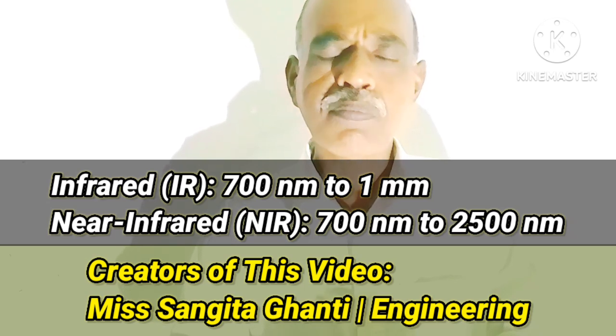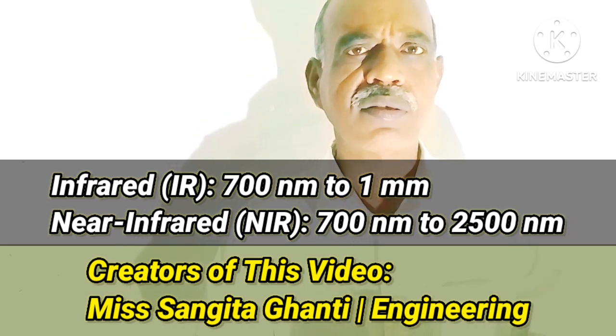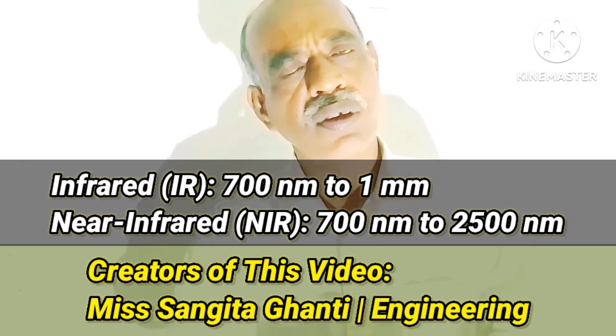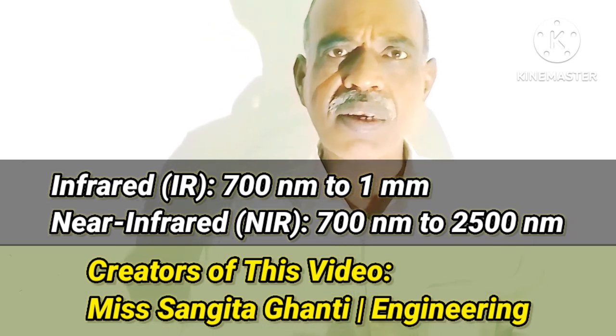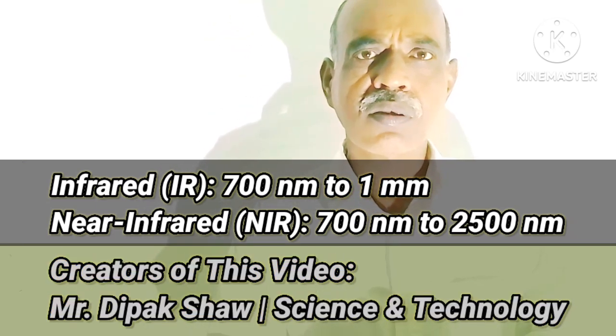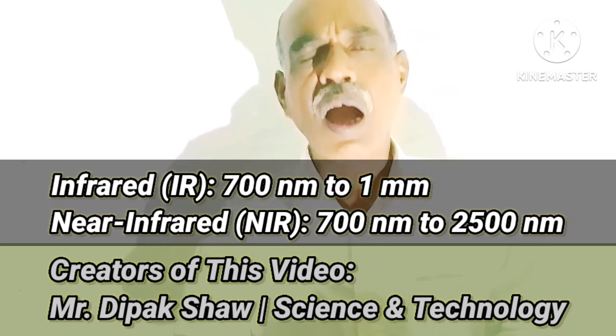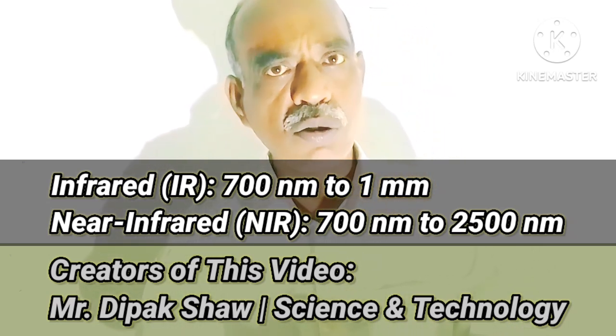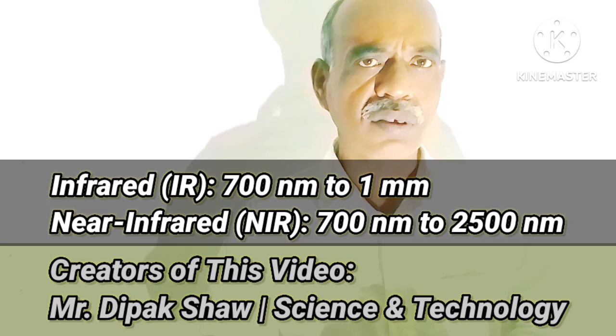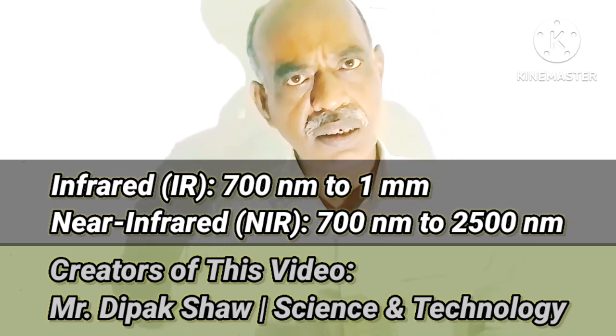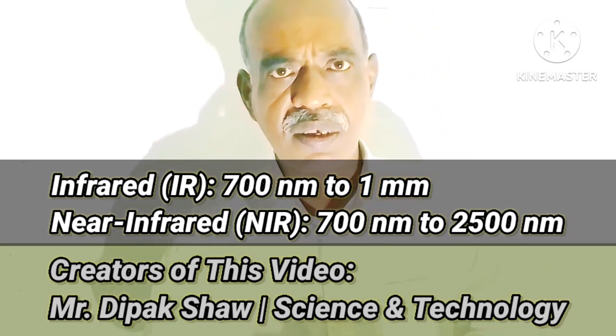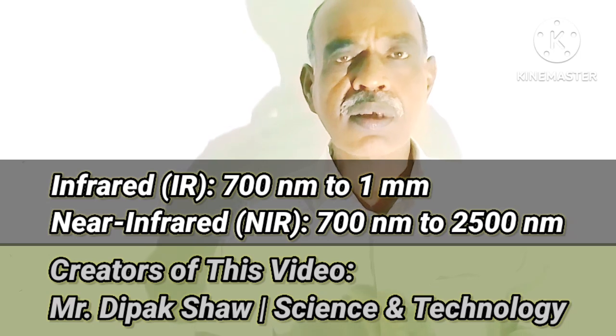Both are used in the field of medical science, both for imaging and for therapeutic uses, means for treatment. And other wavelengths are also there in the electromagnetic spectrum, such as UV rays, ultraviolet rays, then visible light rays.